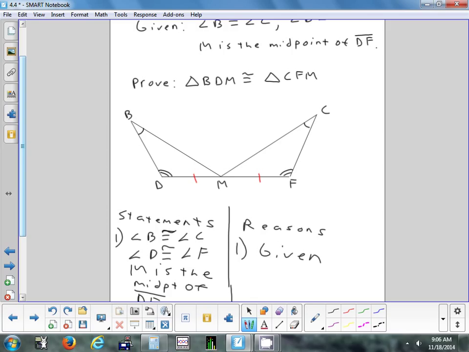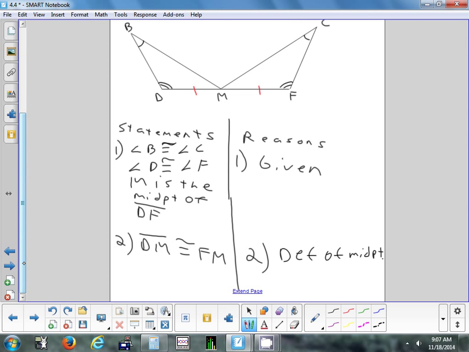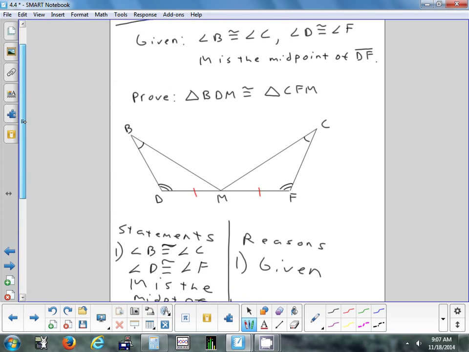We used this in an earlier proof. I don't think we're going to need this because I think we already have enough information. We're done. But what would be the reason? If you wanted to use the third angles theorem, you could say those angles are also congruent. And that would allow you to prove this with angle, side, angle. Or angle, angle, side. I think we're done right here. We don't need to talk about that third angle. Okay, so finish up your proof.